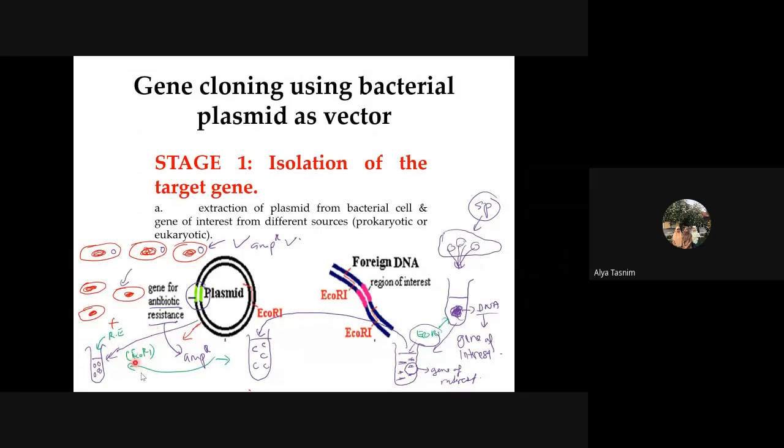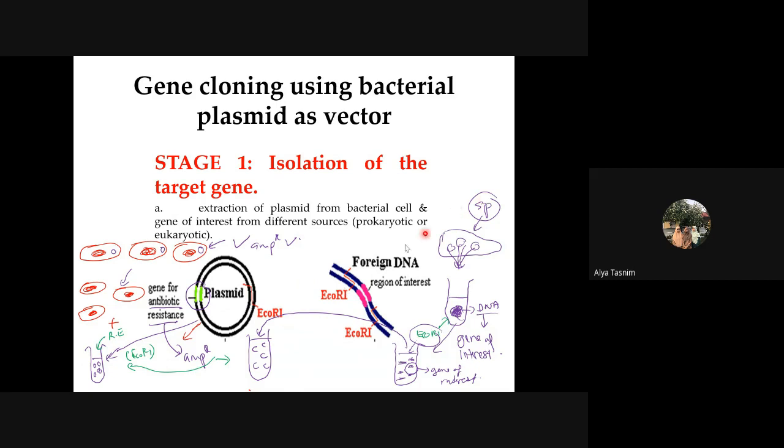Ini awak take note ya, sebab dalam slide ni tak tulis. So EcoR1. So when you mixed the plasmid with EcoR1, the function of restriction enzyme is to cut open the plasmid at restriction site. So now the plasmid is opened. Kan dia dah terbuka kat sini. Okay, so that is for plasmid.